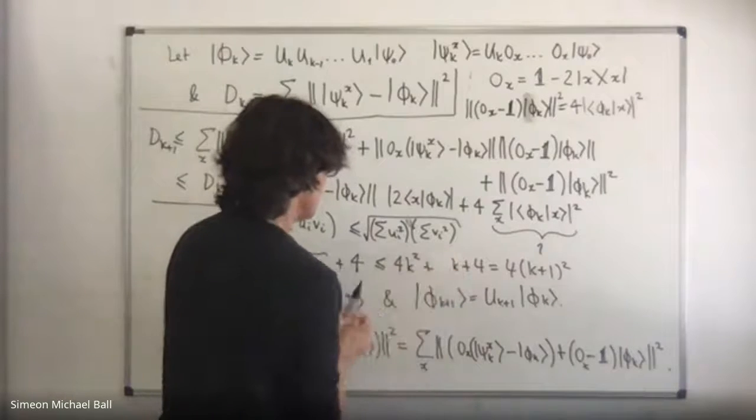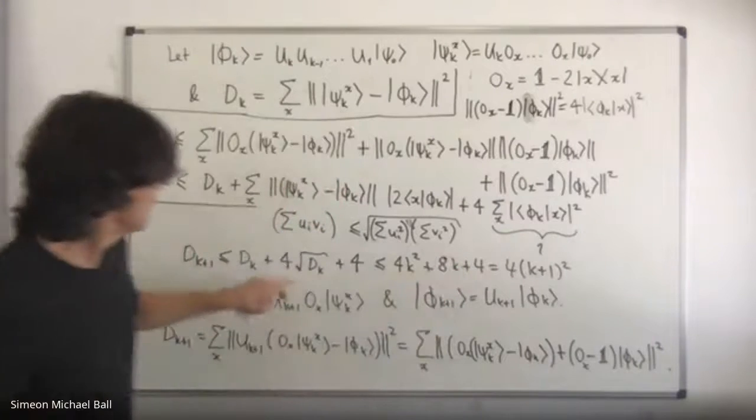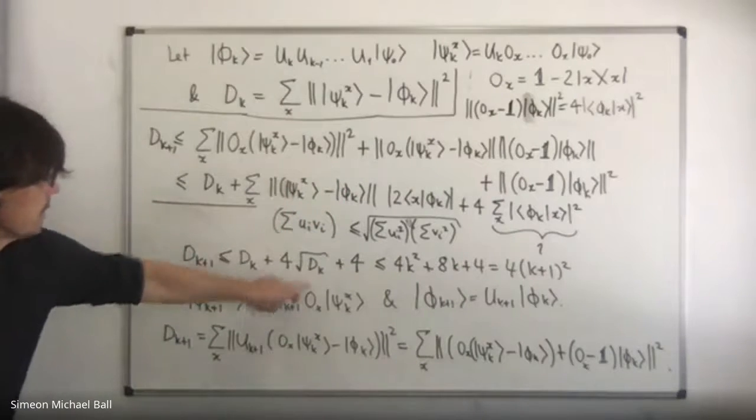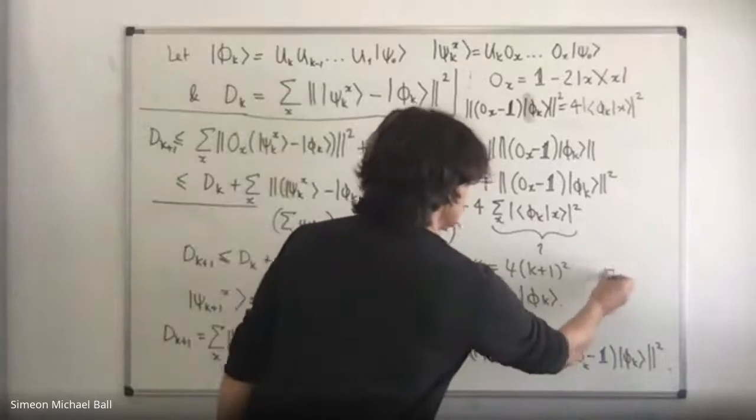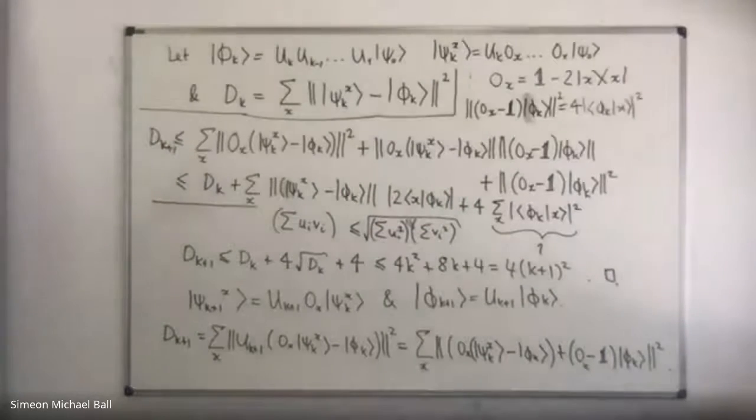Okay, so it's 8. Yeah, so this is 2, this will be 2k. And that's it. So that's the end of that bridge. So that was, let's say, well, I'm not sure that was particularly easy either. So that gives us the upper bound: dk is at most 4k squared.